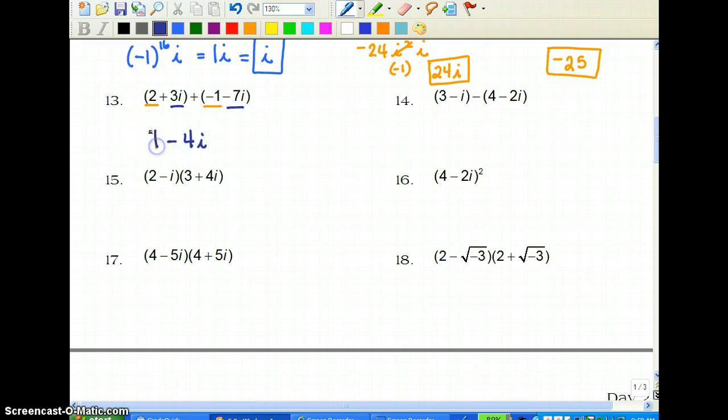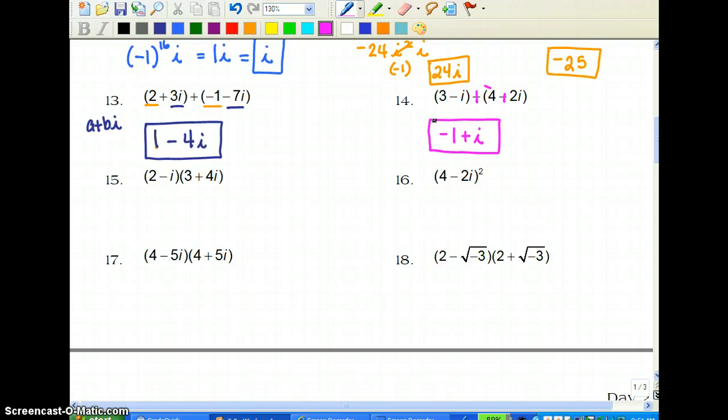So 1 minus 4i. Now they'll always write the answers with the i at the end. Remember, it's a plus bi is your standard form. If there's a negative, well, I change it to positive, negative, positive. Add like terms, I would get negative 1 plus i. So it's just adding and subtracting.